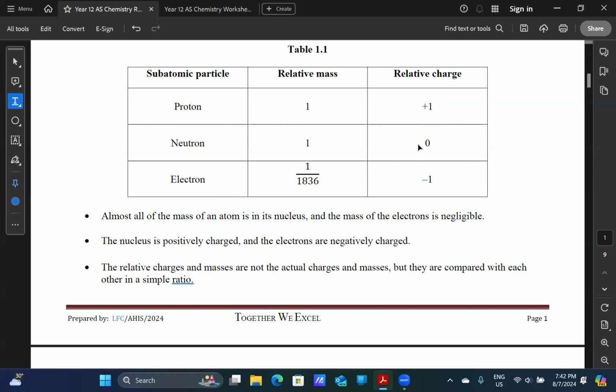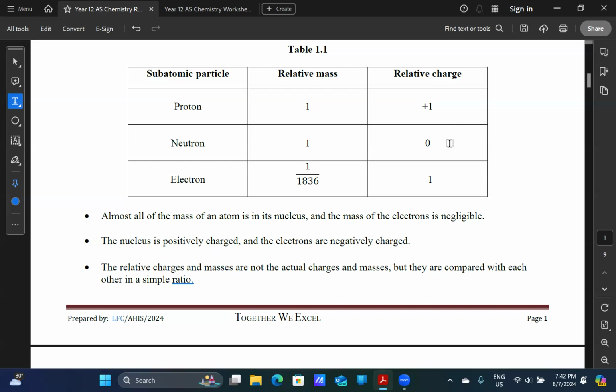And you will see the number for neutron is 0. When you see the number is 0, this tells you neutron actually carries no charge. What is the word we use to describe subatomic particles that carry no charge? We use the word neutral.